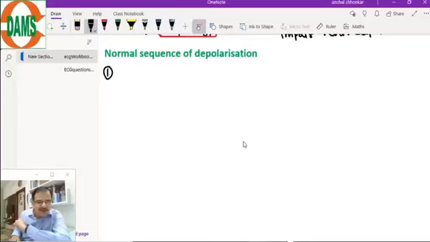Now I will take a coronal section of the heart of the ventricle muscles and understand this physiology. So here is the heart. You can draw this diagram.